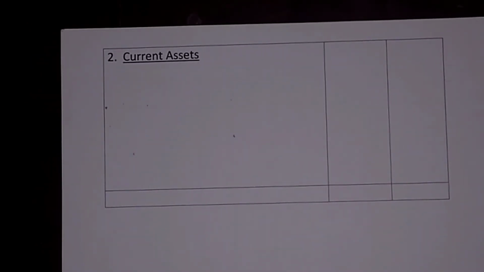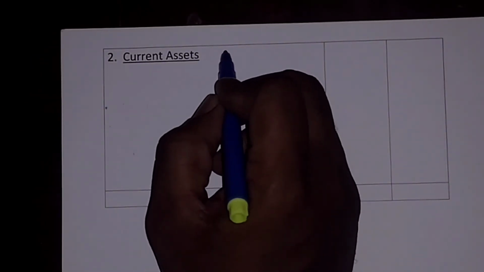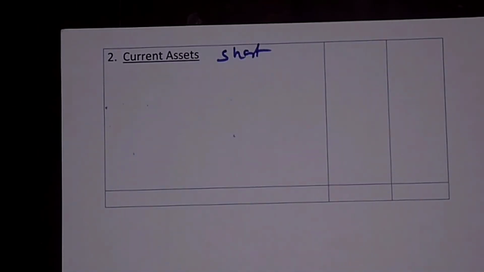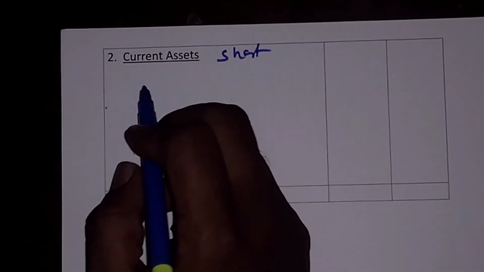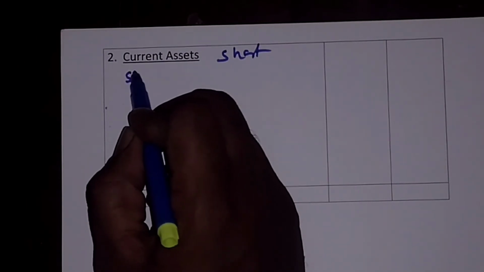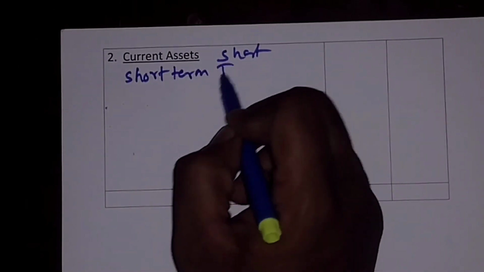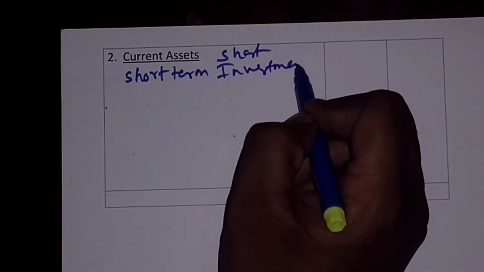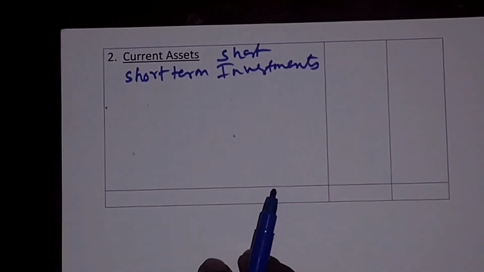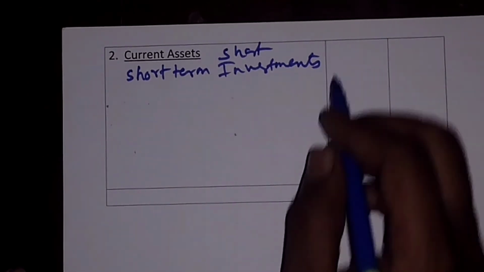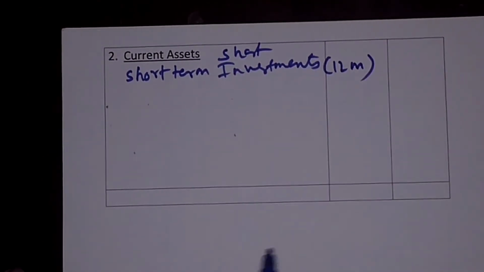Current asset means its life is for a very short period of time. Therefore, the very first one is short-term investments. What are short-term investments? The investment which will be held for less than 12 months.